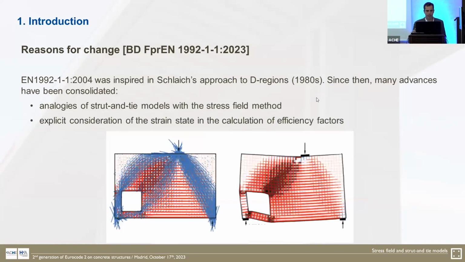We also see why. Then there was also the explicit consideration of the strain state in the calculation of efficiency factors. So what was provisioned in the current Eurocode was basically constant efficiency factors, that were accounting for given levels of cracking, given states of cracking on the resistance of concrete.